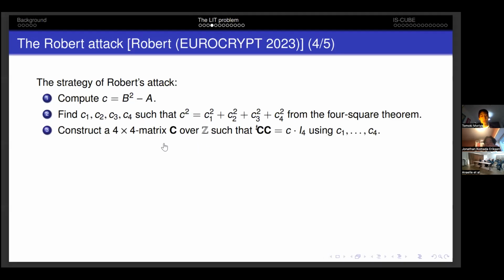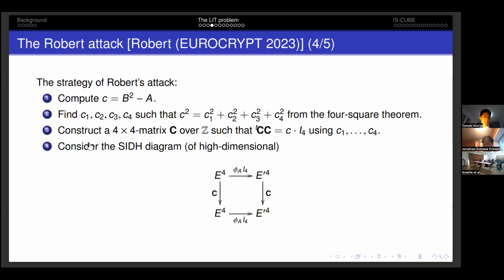And next, we construct the 4 times 4 matrix C over Z, such that the transpose of C times C becomes small c, the integer computed here, times I4. The I4 is the identity matrix, and then we can construct such a matrix C by using c1 to c4.